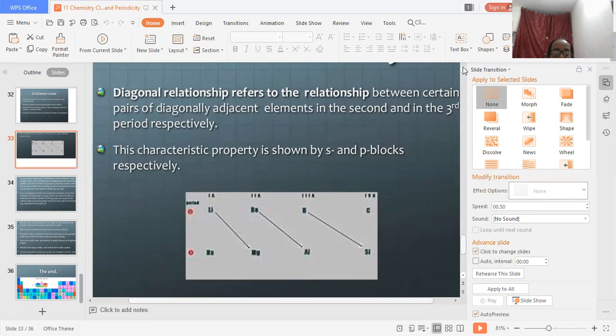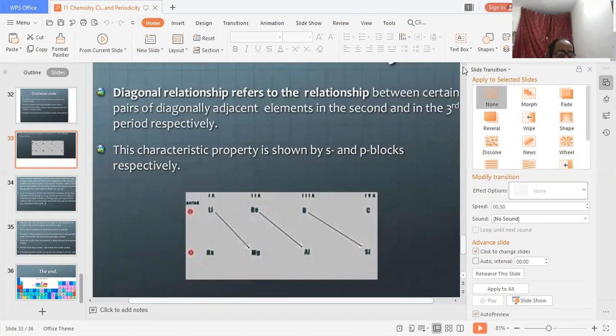For example, lithium and magnesium. Lithium is a first group member in the second period, and magnesium is a second group member in the third period. Similarly, beryllium and aluminum, boron and silicon.